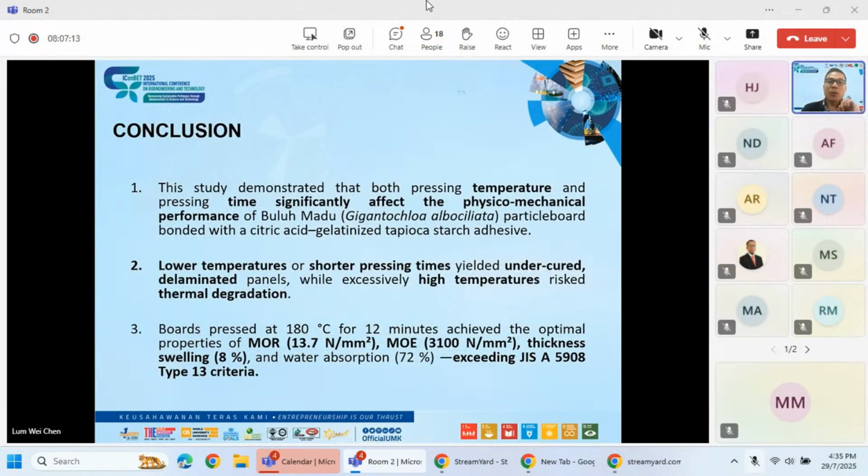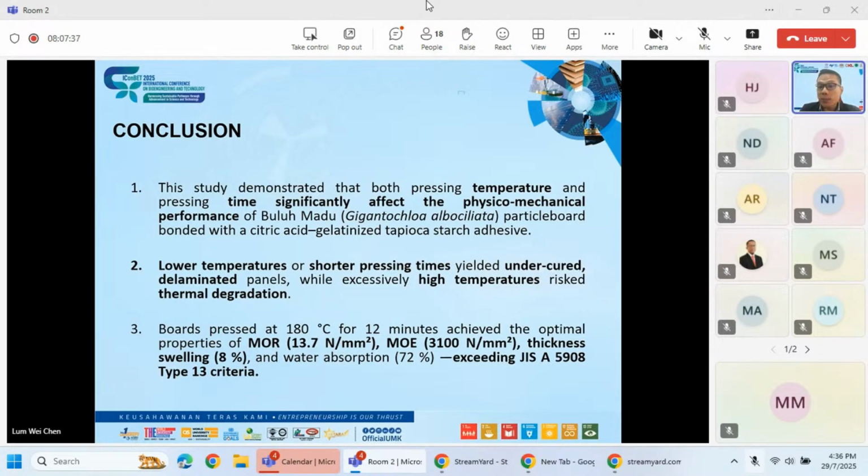All right, so now I will go to the conclusion of the study. This study demonstrated that both the pressing temperature and pressing time significantly affect the physical and mechanical performance of buloh madu particle board bonded with citric acid and gelatinized tapioca starch adhesive system.